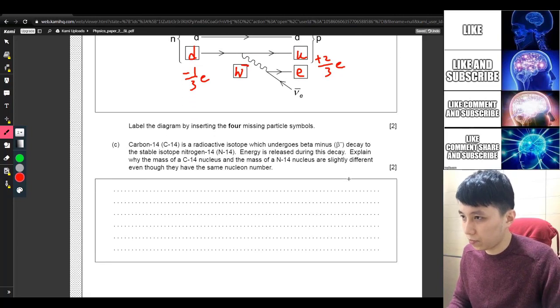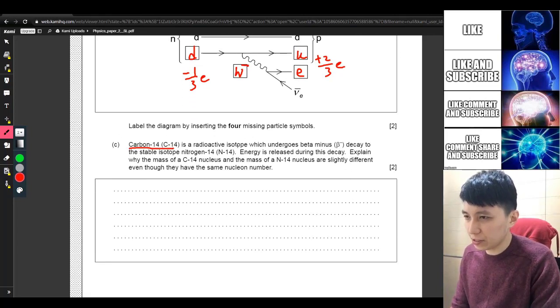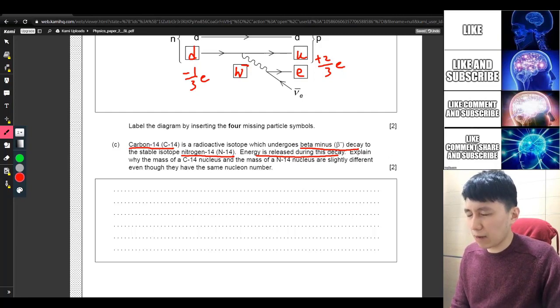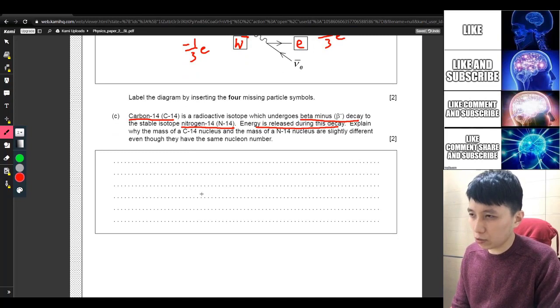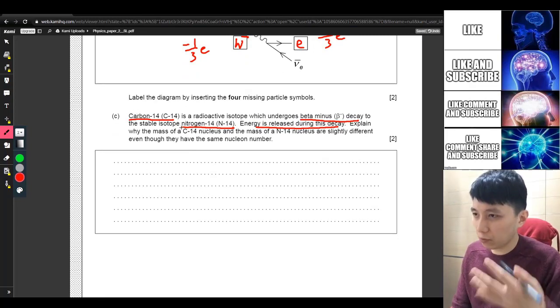Yeah. Part C asks: carbon-14 is a radioactive isotope which undergoes beta minus decay to stable isotope nitrogen-14. Energy is released during this decay. Explain why the masses are slightly different even though they have the same nucleon number. I think there might be two approaches to explain it. One approach, which I probably don't prefer, is that carbon and nitrogen both have 14 nucleons.